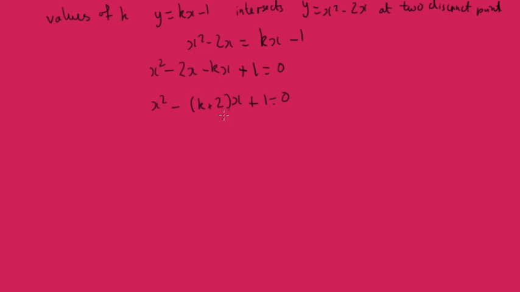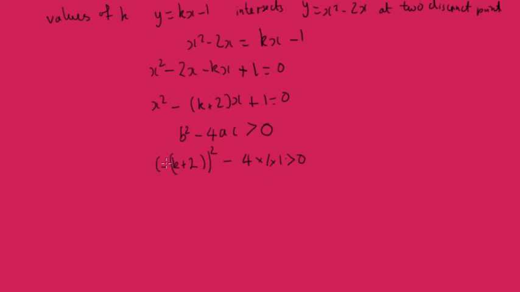So for the two distinct points of intersection, b squared minus 4ac has to be greater than 0. So this is b. So minus (k plus 2) squared minus 4 times a, which is 1, times c, which is 1, is going to be greater than 0.